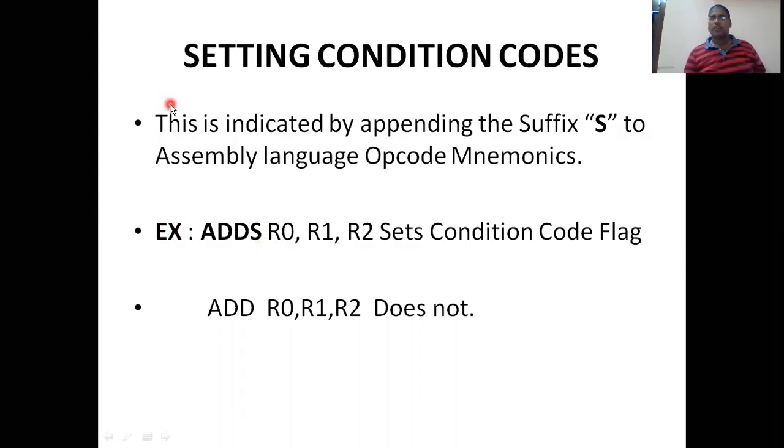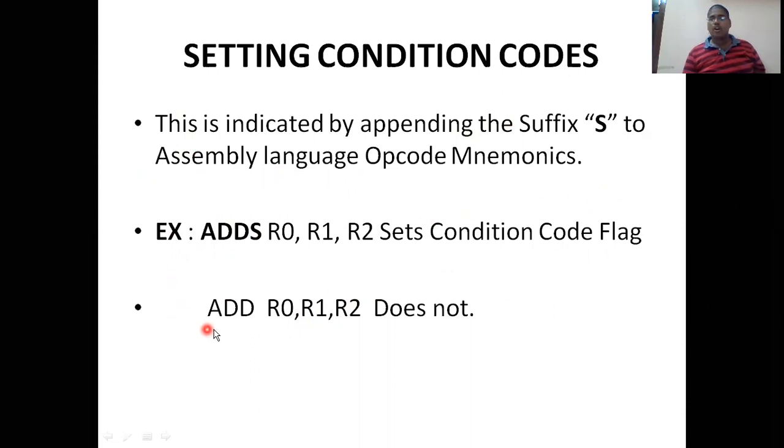That's what they have given in this slide. This is indicated by appending the suffix S to an assembly language opcode mnemonic. In this mnemonic, we suffix the letter S. Whenever we suffix this letter S, then only the conditional code flags are set depending upon the obtained result.